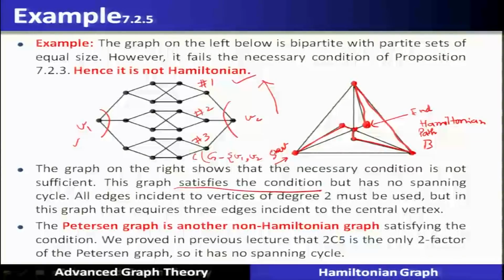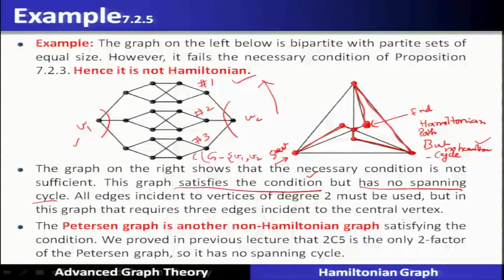But it is not a cycle or a circuit, so no Hamiltonian cycle is present. Therefore, it has no Hamiltonian or spanning cycle, and the necessary condition is not sufficient for the existence of a Hamiltonian cycle, as we have shown.